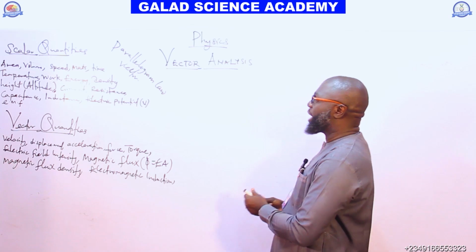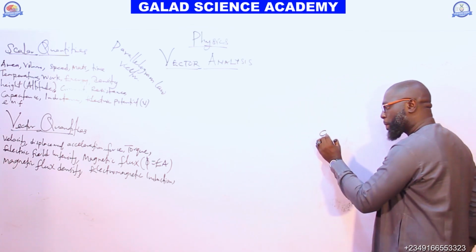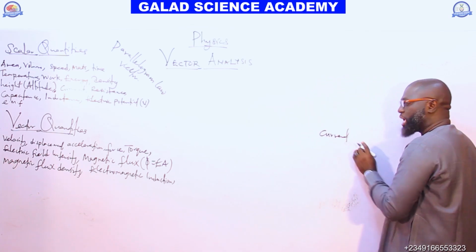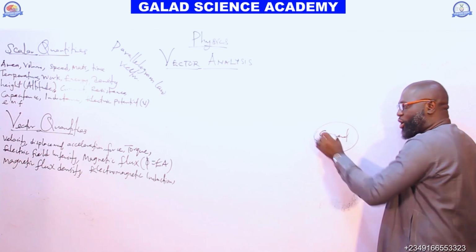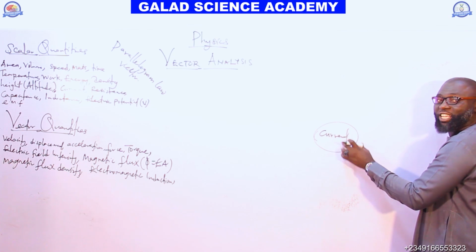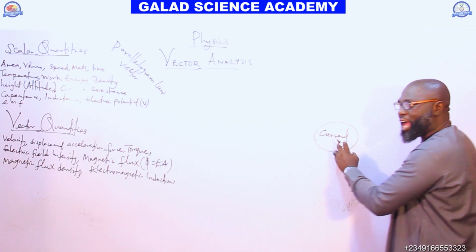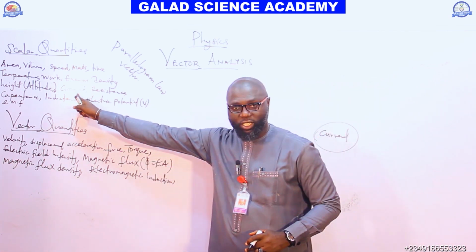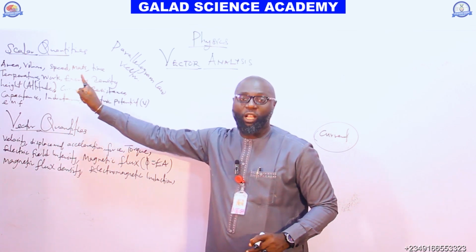But if you look at current as a case of study, current has both magnitude and direction. But current is a what? Scalar quantity. What makes current a scalar quantity?